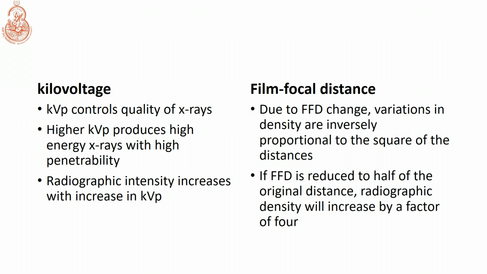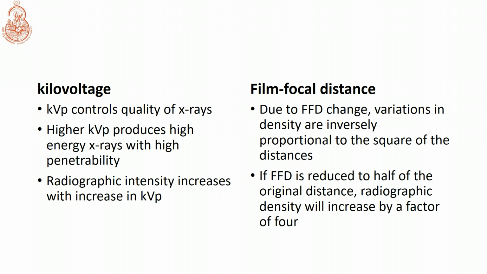When high energy X-ray photons are thrown out from the X-ray tube onto the patient and then to the cassette, more X-rays are going to penetrate through the body part and hit the cassette or the receiver. And if more X-ray photons reach the cassette, I'm going to get a more dense radiograph.